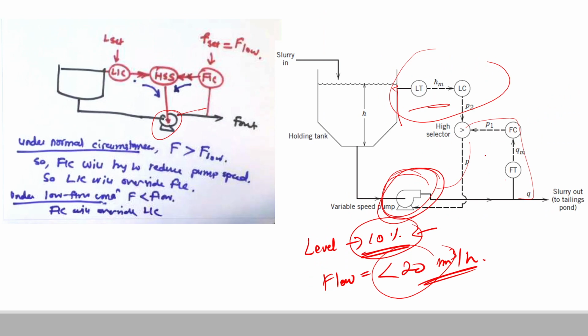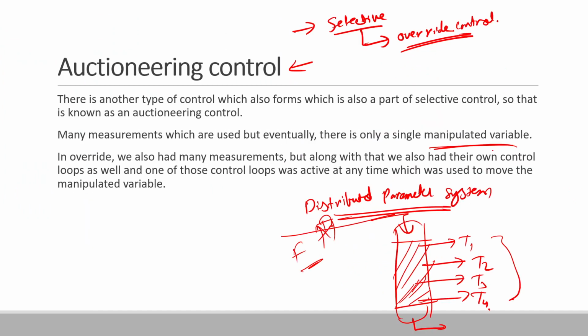So there are different control loops for multiple measurements. In this case, the level transmitter was a measurement and the flow transmitter was a measurement. We had multiple measurements and only this manipulated variable, the pump. However, these multiple measurements had their individual control loops, whereas in auctioneering control they will be controlled by, most probably, a single control loop.